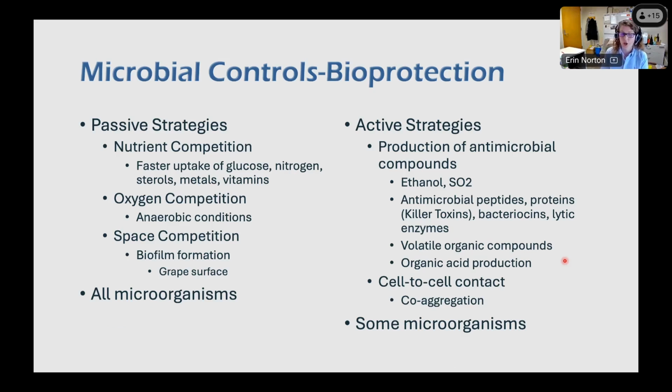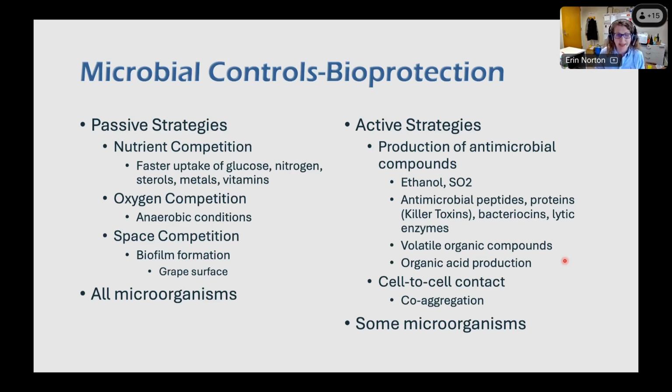So some of the longer chain alcohols and things like that. So things that we don't usually think of in terms of bioprotection, there's evidence now that those things are actually helping us out in our winemaking. And then organic acid production, again, if you lower the pH or you're adding more acid, you can cause certain microorganisms not to be able to thrive. They have a real hard time in acidic conditions.